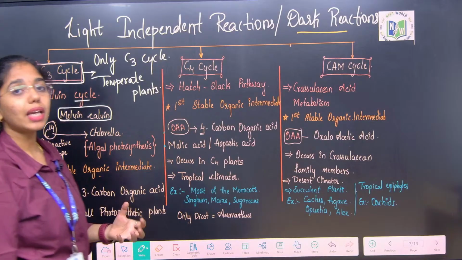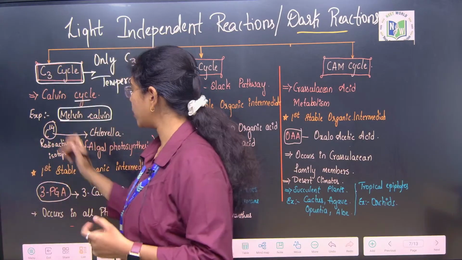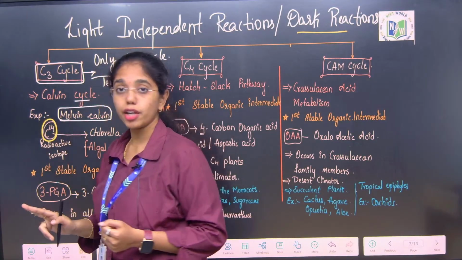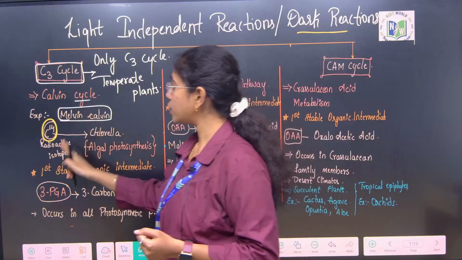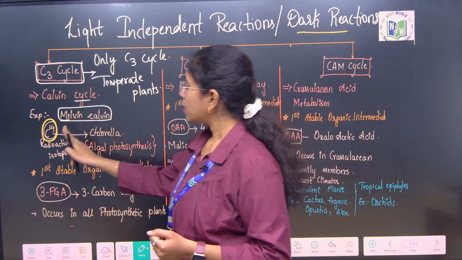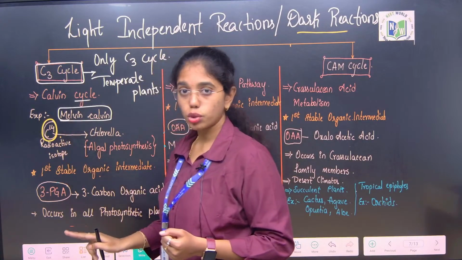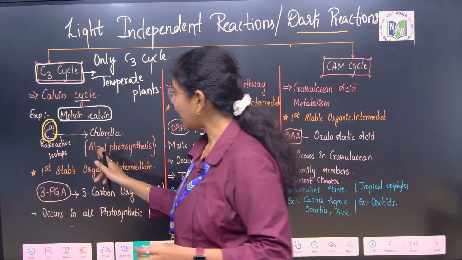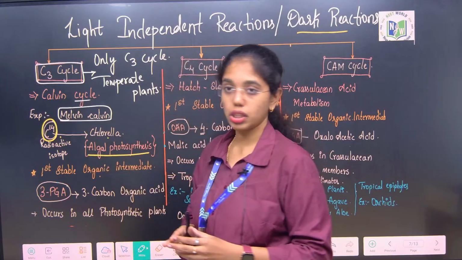How did Melvin Calvin discover the C3 cycle? He discovered it through a radioactive isotope, that is C14. C14 is a radioactive isotope. Using this radioactive isotope on chlorella, which is unicellular green algae, he conducted algal photosynthesis.